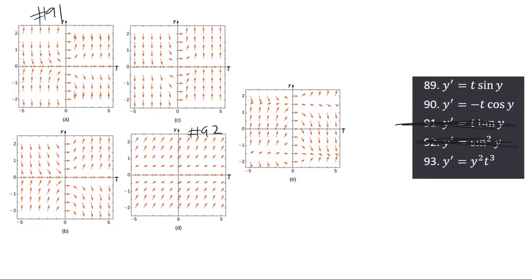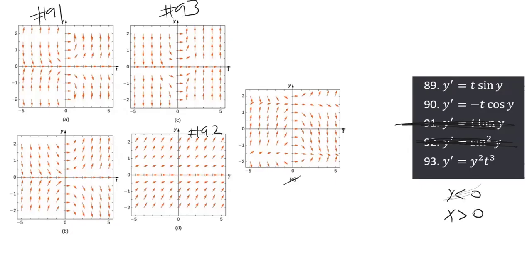In quadrant 4, y is negative but t is positive. When y is being squared, a negative number squared is positive, so our slopes are always positive in quadrant 4. We eliminate E already, and in quadrant 4 we just said the slope should be positive, so eliminate choice B. So choice C is left, and number 93 is this one.